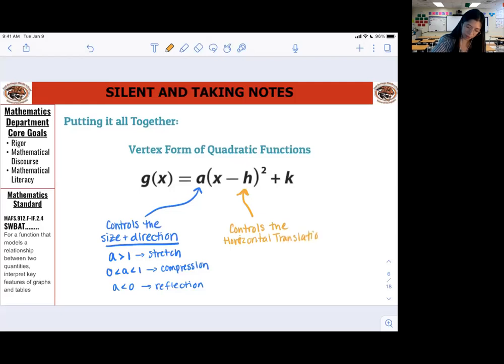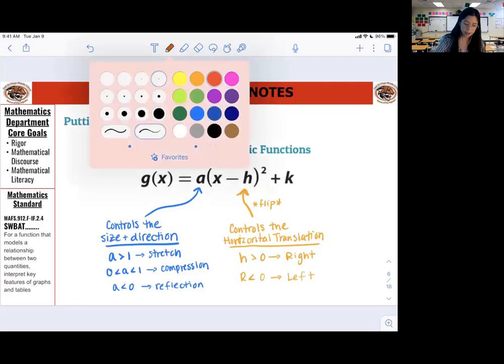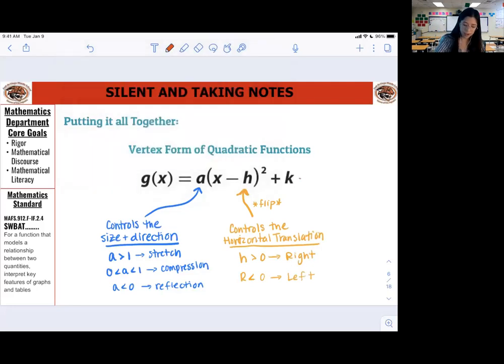This is nothing new. We just went over this. We got to remember to flip. And then once you flip it, if H is greater than 0, it goes to the right. And if H is less than 0, it goes to the left. We already know what this is. Nothing new.